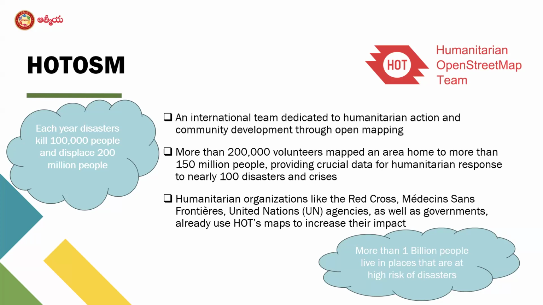So all of these teams will use the data that you provide, and then they're going to go to these disaster areas, and then they're going to know exactly where to save the people, where exactly they have to go, and then you'll be saving people with your volunteering. Does everyone understand that? Okay.